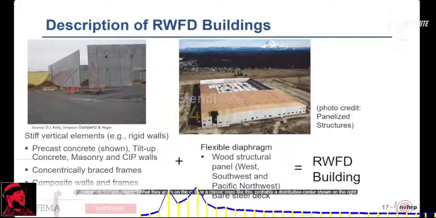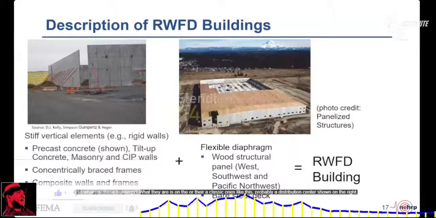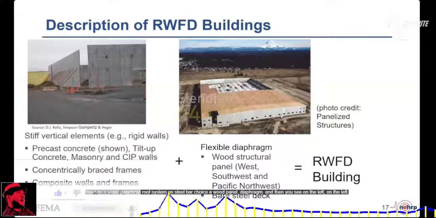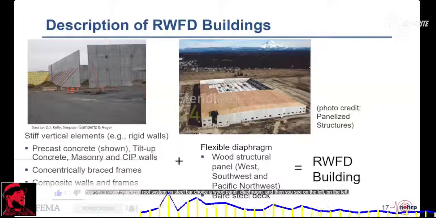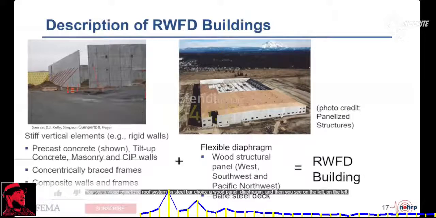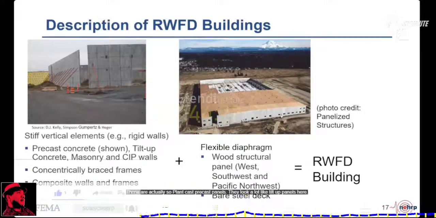So what are these buildings? A classic one is like this, probably a distribution center, shown on the right. You see a wood panelized roof system on steel bar joists, a wood panel diaphragm. And on the left, those are actually plant-cast precast panels.